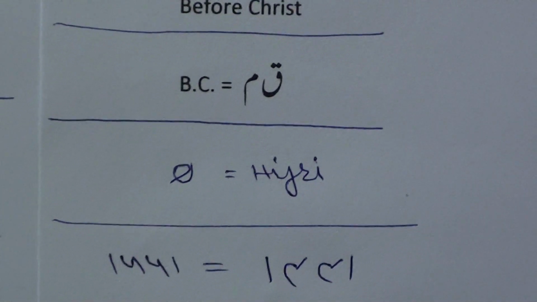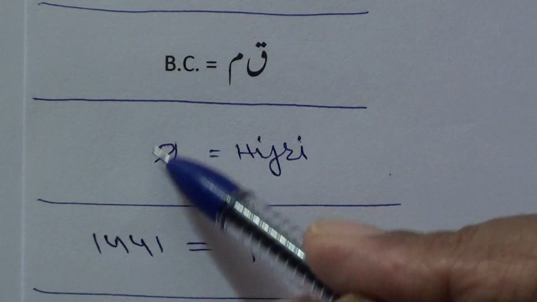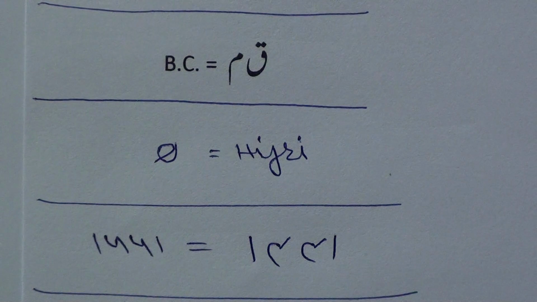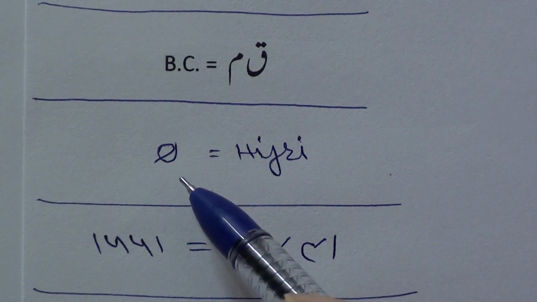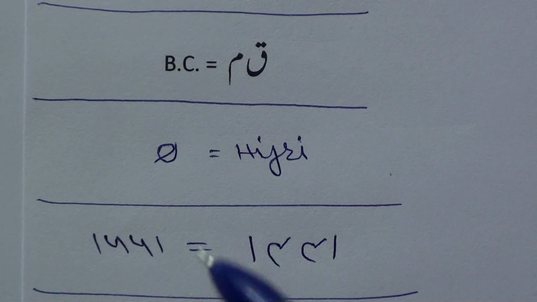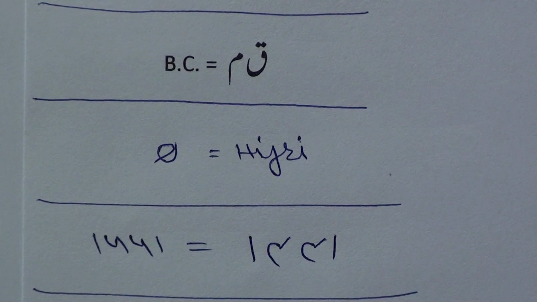And this is the sign of Hijri. There is an Islamic lunar calendar, and the name of the year is Hijri. It's called Hijri year.